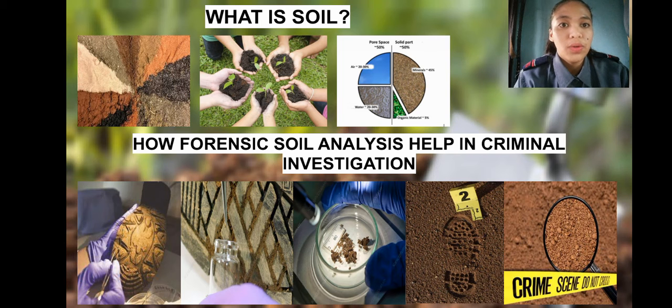So, next naman is how does the forensic soil analysis help in the criminal investigation. So, halimbawa ay ang mga lupa or clay na na-embed or naiwan sa sapatos ng isang criminal is tinitest nila. And then going back is that kumukuha rin sila ng mga sample ng lupa sa isang crime scene.